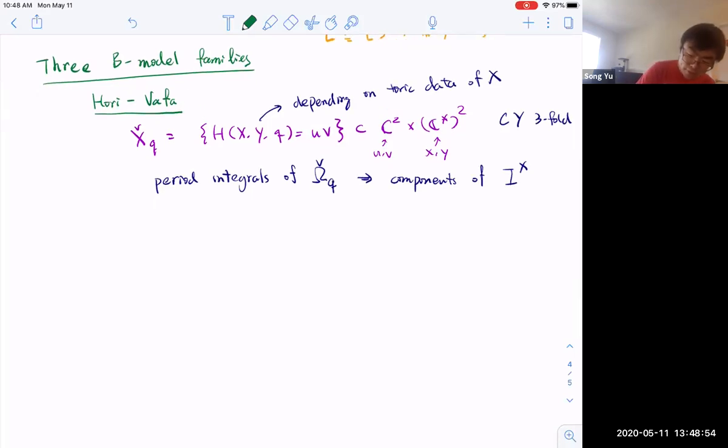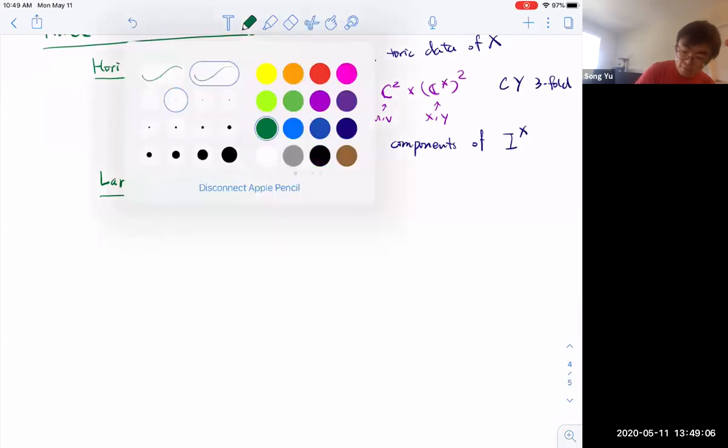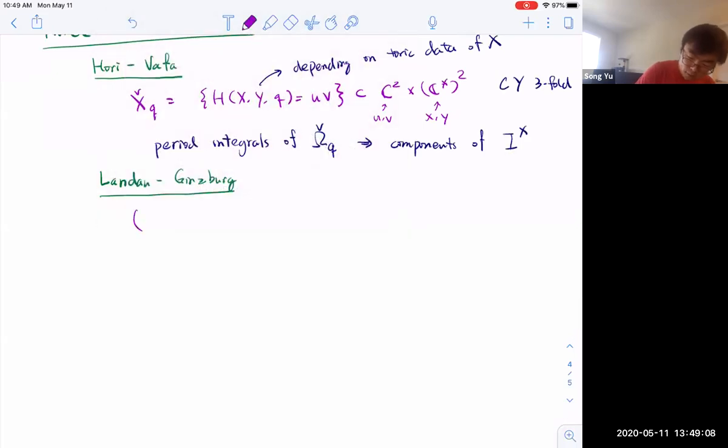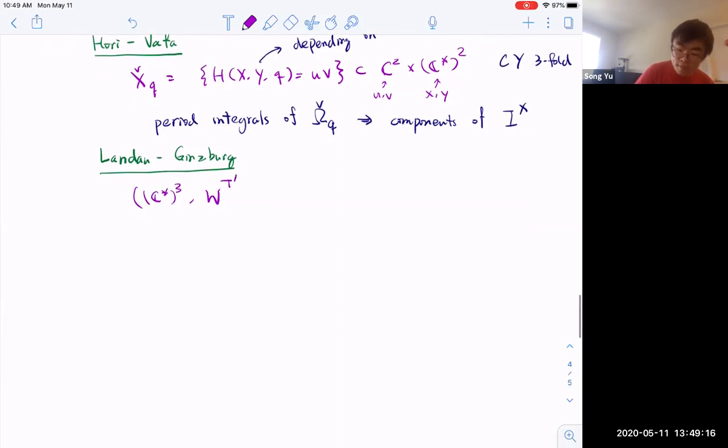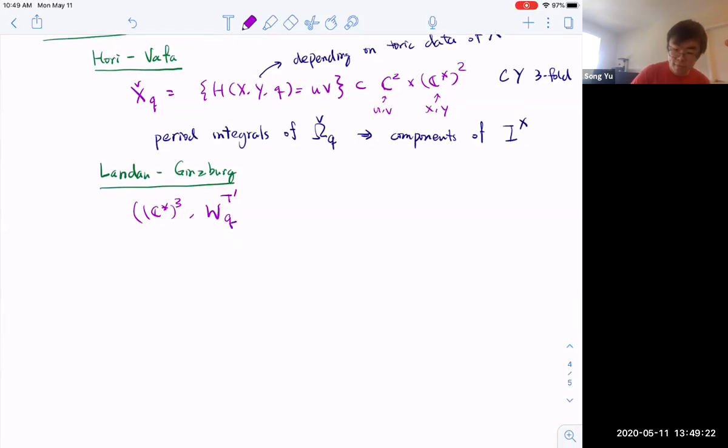Another pretty general construction is the Landau-Ginzburg model. Here you have a superpotential on just a three-dimensional torus. I'm writing T prime. T prime is the Calabi-Yau torus that I mentioned before when we talked about Gromov-Witten rings.